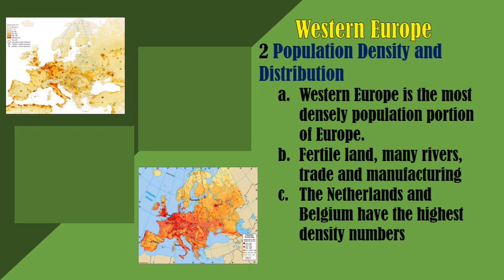The Netherlands and Belgium have the highest density numbers. That is because of their small size. When you check the map, you will find that the Netherlands and Belgium are really of small size.